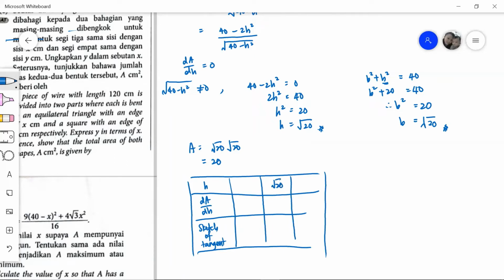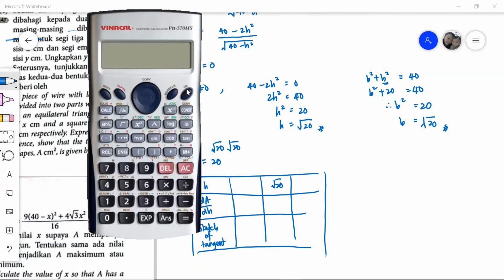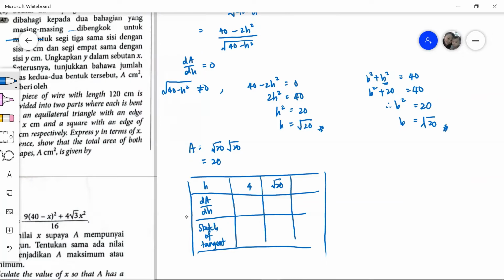So let's find out what the square root of 20 is first. So the square root of 20 is 4.47. So let's just choose 4 and 5, before and after, and let us put them into our gradient function, which is 40 minus 2H squared over the square root. Okay, let's just put that in.